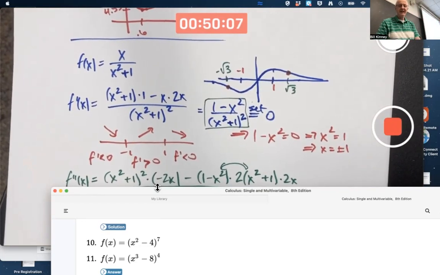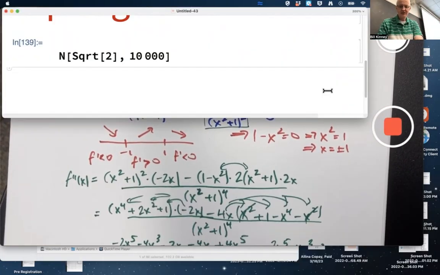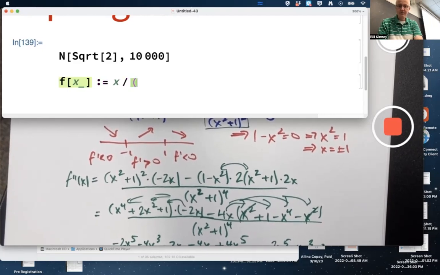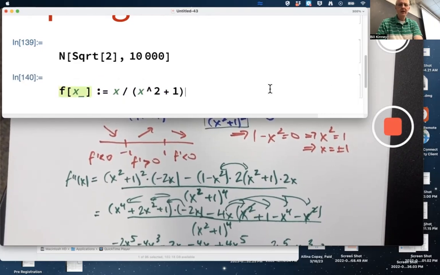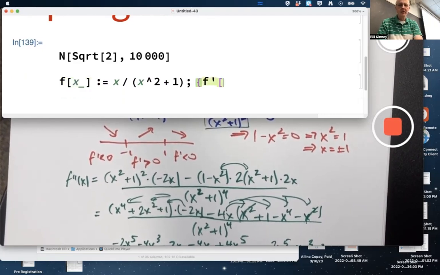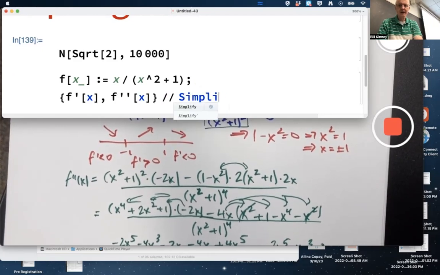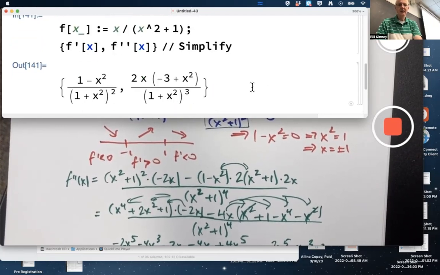Maybe we should use Mathematica to check this one. Let's just check that what we've done is right here on Mathematica. Here's the original function. If I can type. Its derivatives simplified are those.